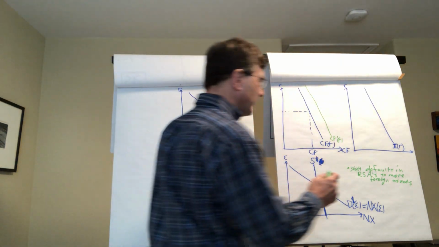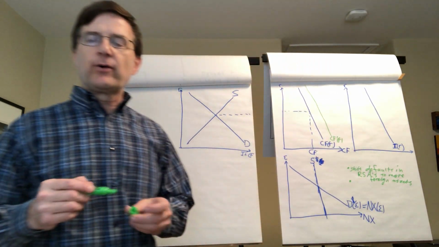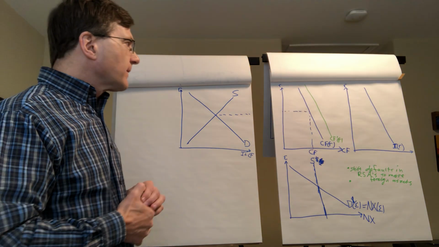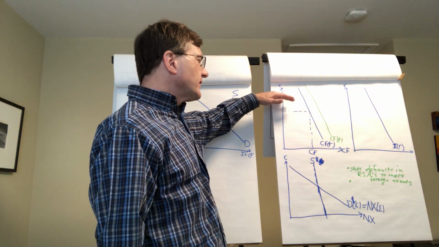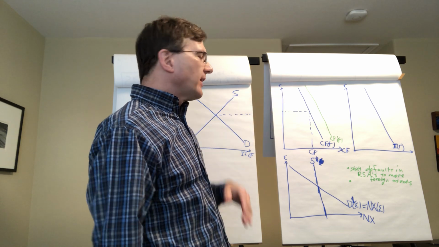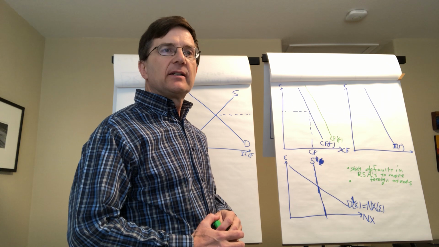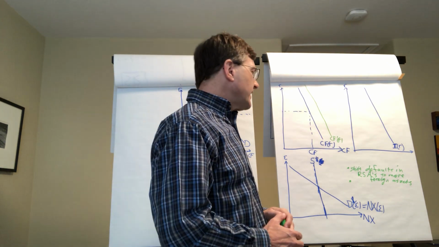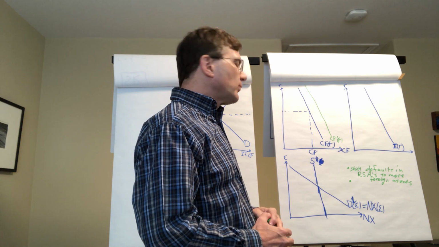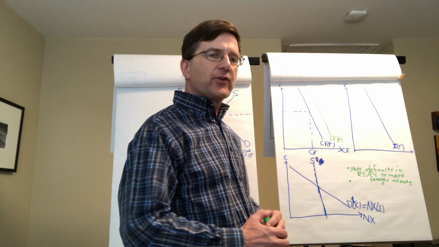Okay, a couple of other things. One thing that could shift out your capital flow is if, for any given safe real interest rate, people thought assets in your country looked more risky. So basically, people would want to send their funds abroad because things look extra risky in your country.